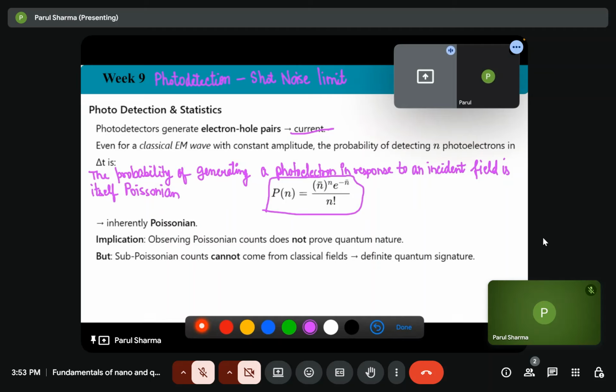So this P_n is representing the probability of generating n electrons at a particular time.